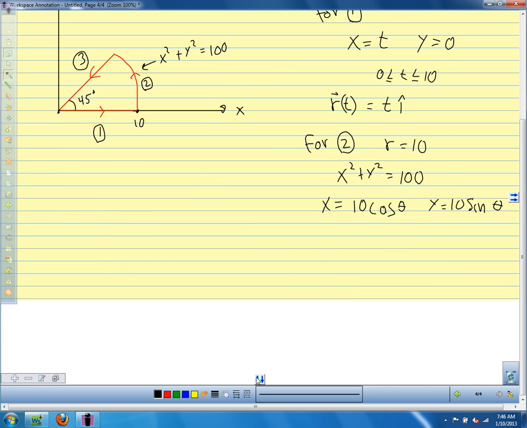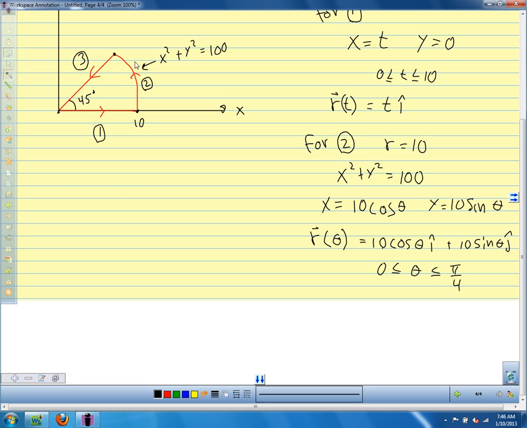So our vector valued function, r of theta, is going to be 10 cosine theta i plus 10 sine theta j for 0 less than or equal to theta less than or equal to pi over 4. So that's going to take us up to this point.